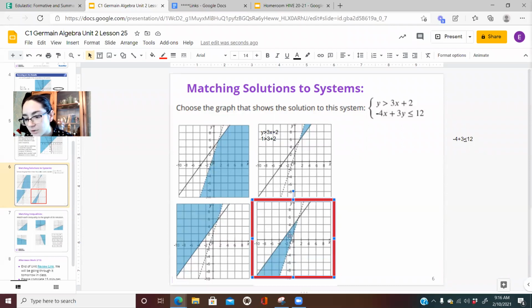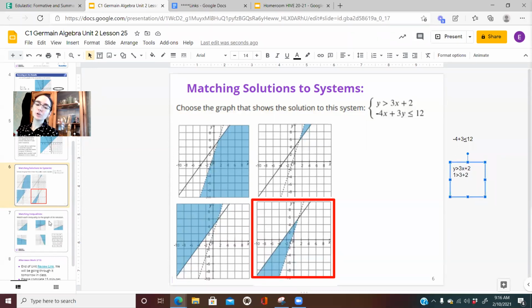The only shared region here is this little triangle. Okay. That guy was a little bit challenging. I'm going to give you the option on the quiz to use a graphing feature to check your work. And that is what we are working on for today.